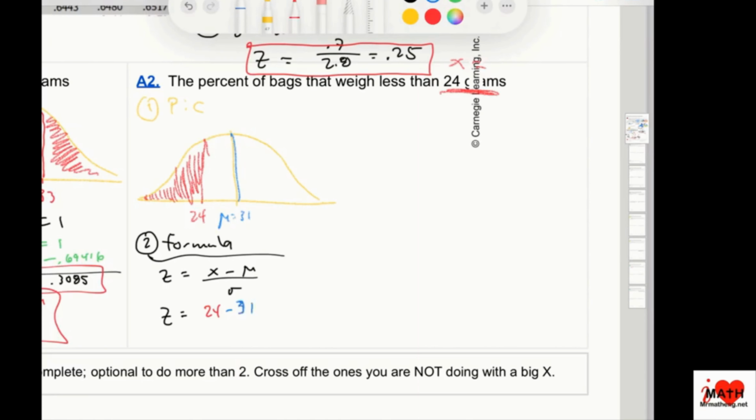And then the standard deviation is 4, right? We're basically using 31 and 4 for the whole problem. So this will give us a z-score of negative 1.75.